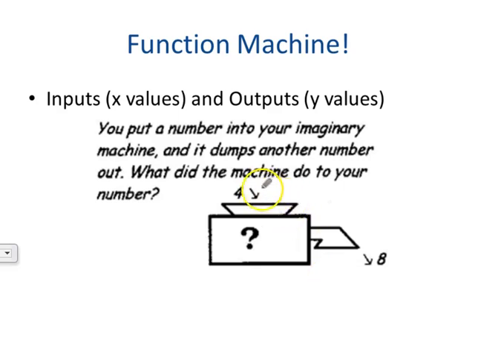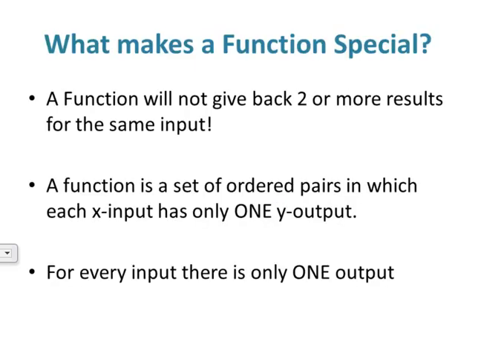The number we put in is our input, and the number that we get out is our output. In this machine, it looks like if we put in a 4 and we get an 8, our number doubled, right? So the pattern of what's happening inside is that we're taking 2 times our number.